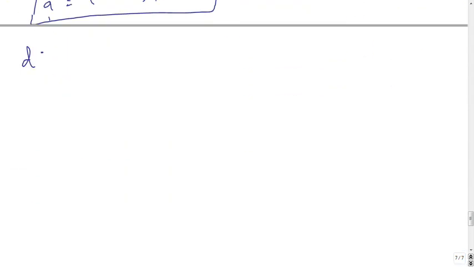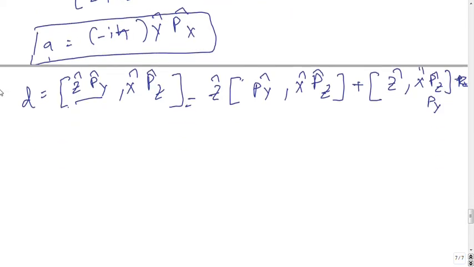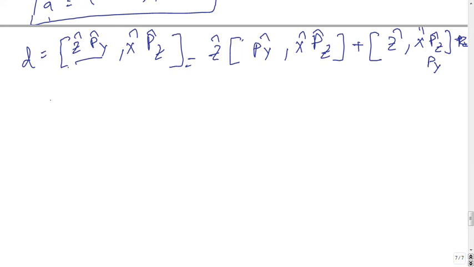This D is this. So again, applying the properties of the commutator, decomposing this composite operator first. Next would be decomposing this one, this composite operator.